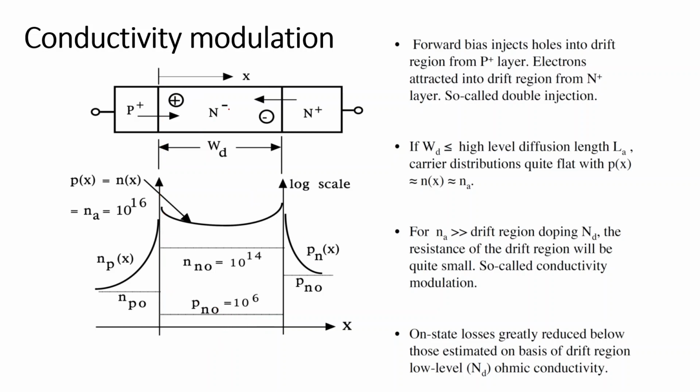so what happens? What are the majority charge carriers here? The majority charge carriers here are electrons, because this is the n-type region, but the density is low. But here the density is very high, it is 10 power 19, and here the density of free electrons is 10 power 14.